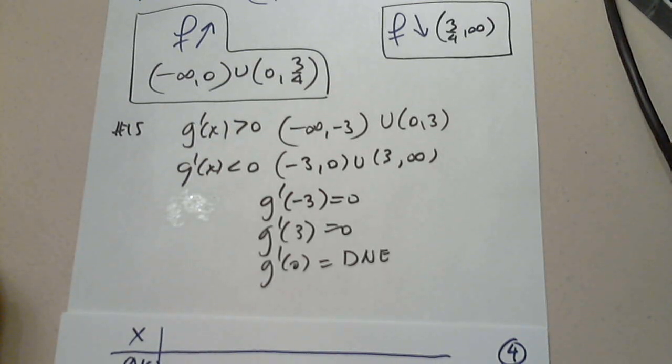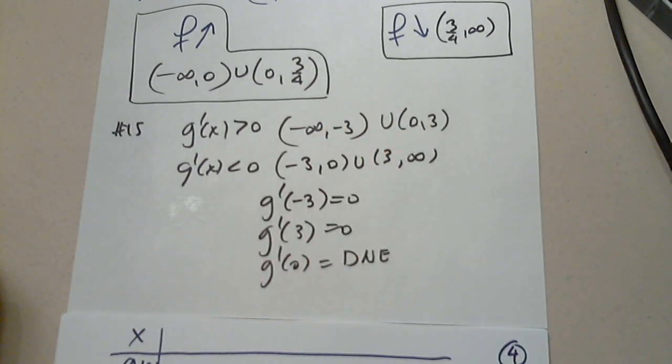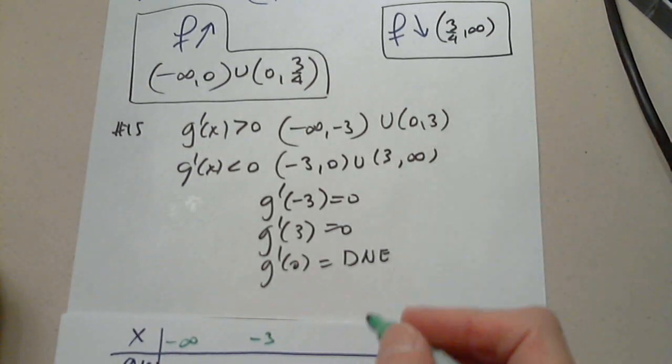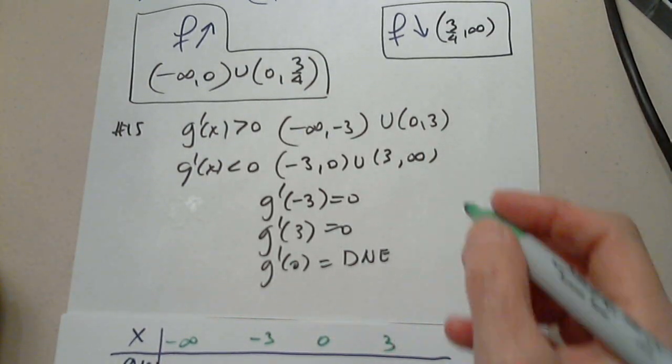Please try to get used to this table because it is crucial for what follows next. Okay, so now, -infinity to -3, 0, 3, infinity.